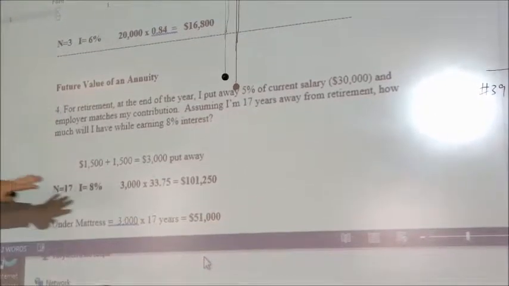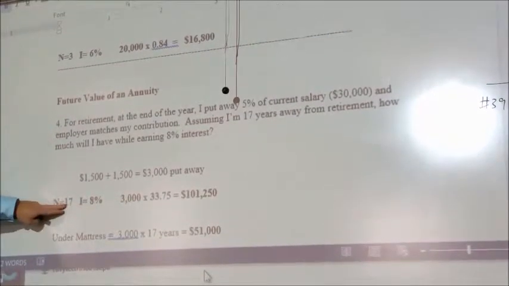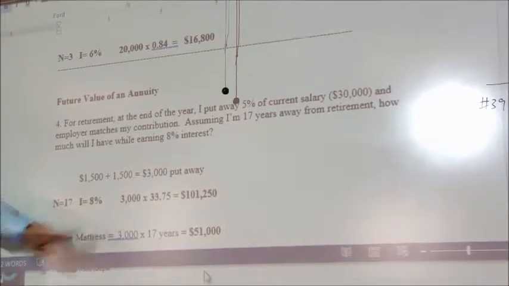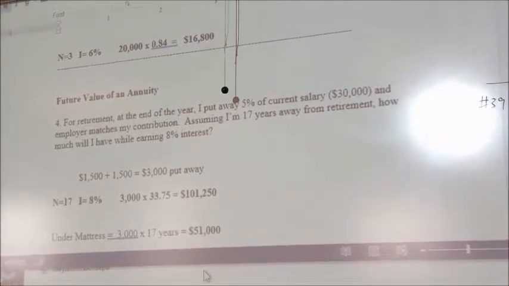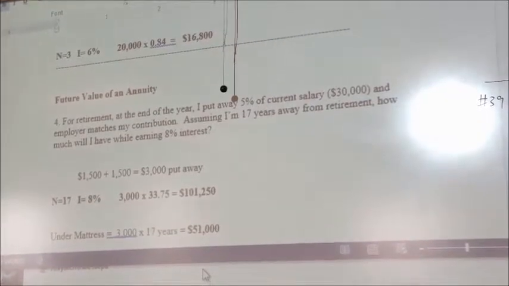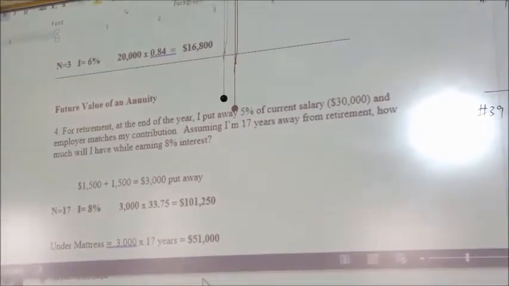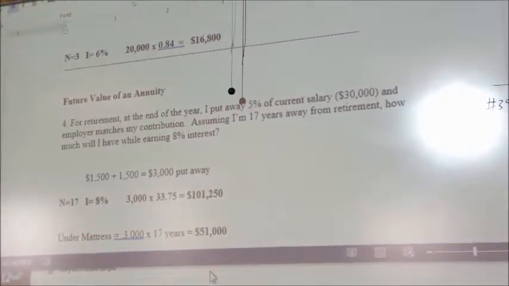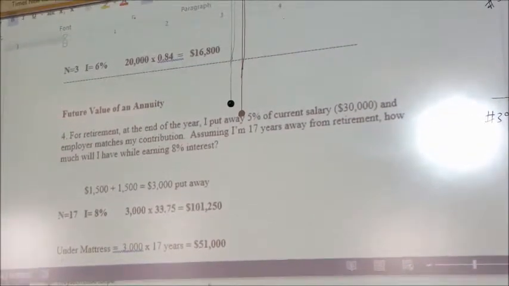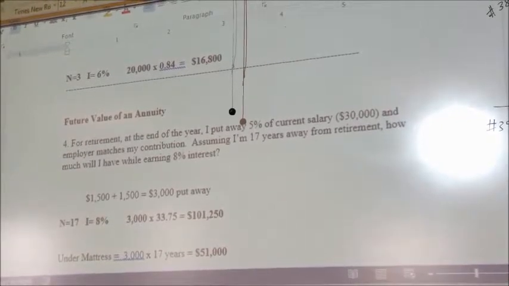I put away $3,000 over 17 years, compounding at 8% per year. I would have 101,000 to retire on, which is good. It just kind of depends on your lifestyle, how good that is.